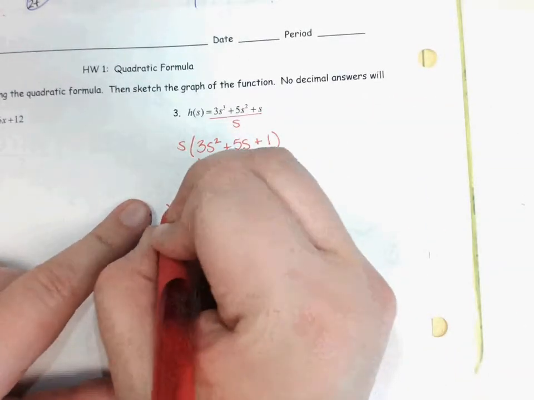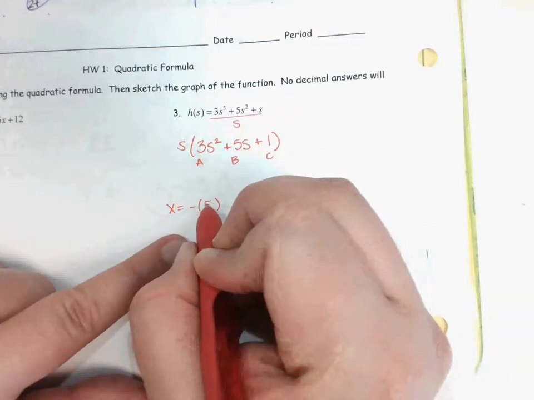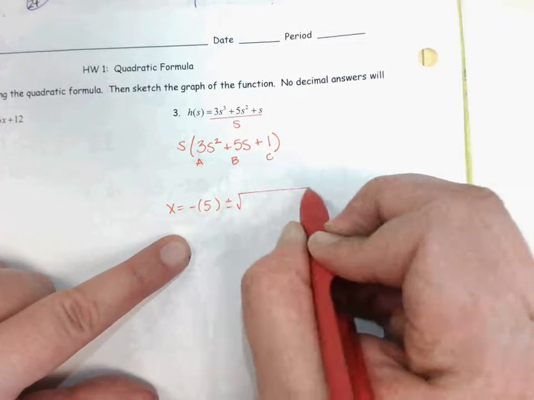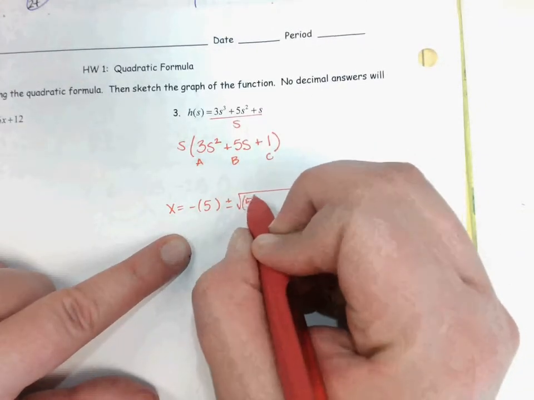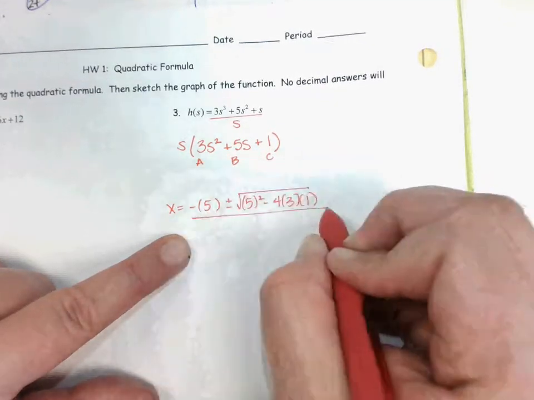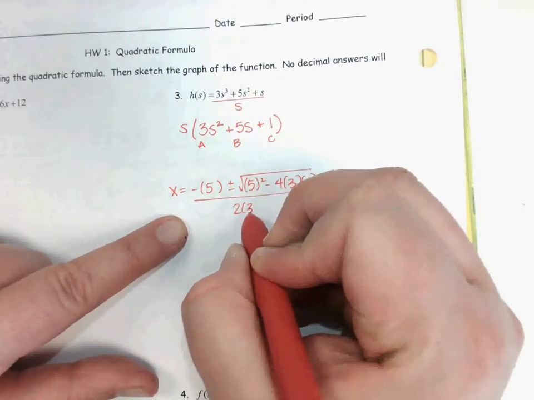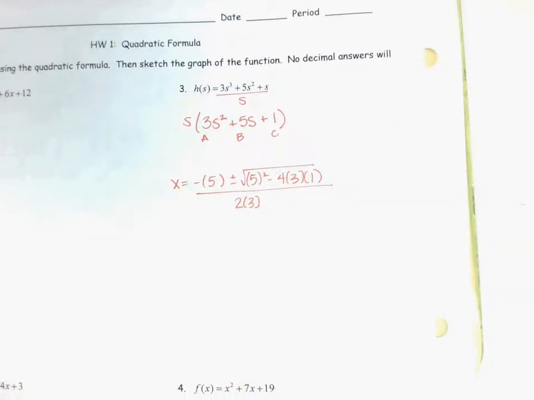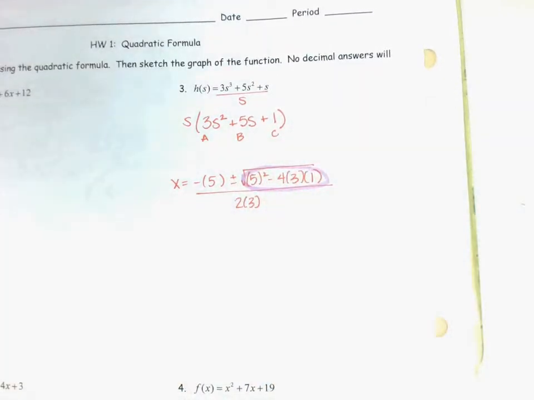X equals negative b. What's my b? 5 plus or minus the square root. B squared is 5 squared minus 4 times a times c. All divided by 2a. What's my a? 2 times 3. Very good. Okay, then from here, what part of that are you putting into the calculator? Not the whole thing. Okay, just this part in here. Do you put the square root in with it?